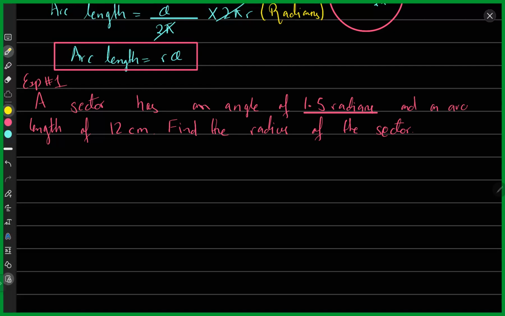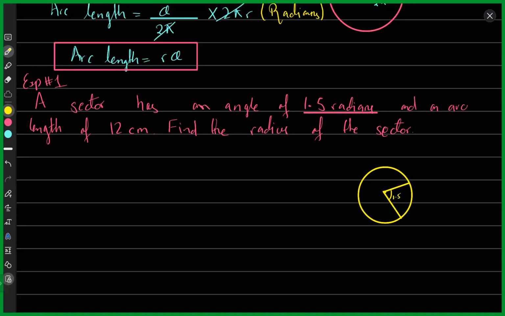So if you want to think about it, you can say that there's a circle, then there's a center, and this angle is 1.5 radians. Important thing is that here I'm making the circle again and again for your reference.